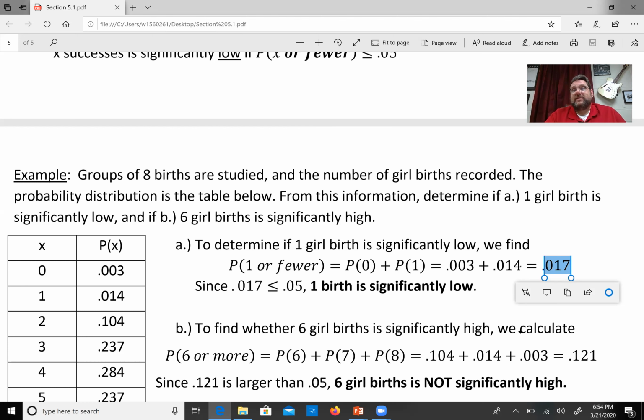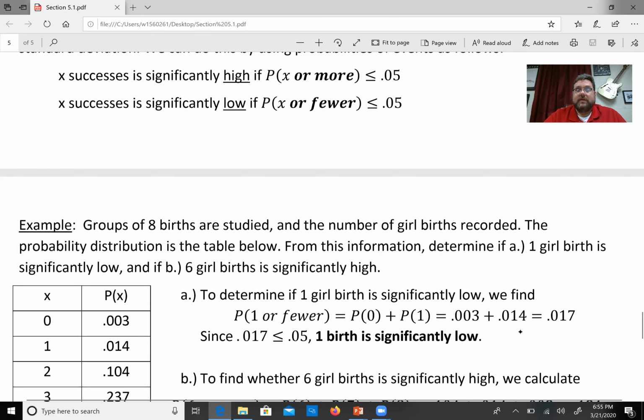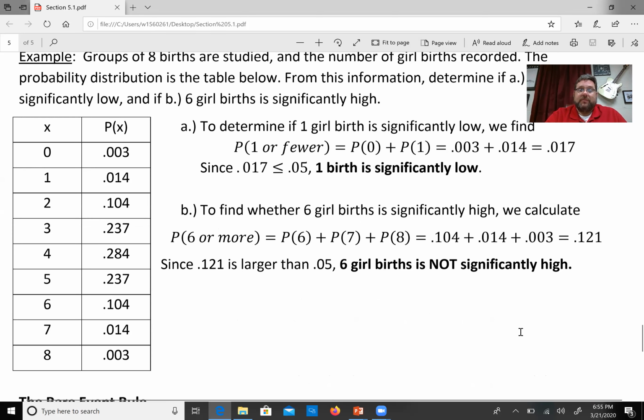All right, the next question is whether 6 girl births is significantly high. So again, it's significantly high if the probability of 6 or more is less than 0.05. What is 6 or more? That would be 6 girls or 7 girls or 8 girls, because we only went as high as 8. So the probability of 6 plus probability of 7 plus probability of 8, right there.